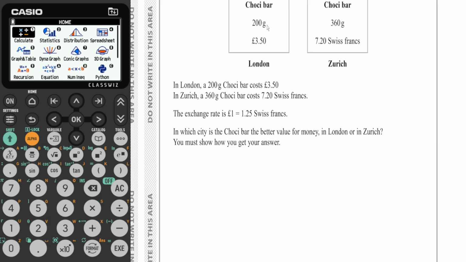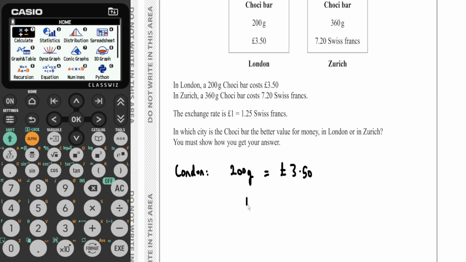So what we can do is find out the price per gram. So here in London, we've got 200 grams equals £3.50.